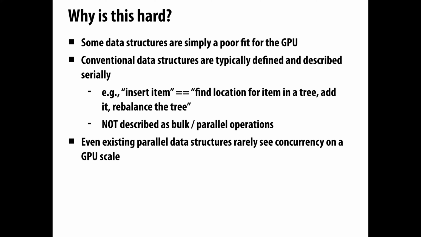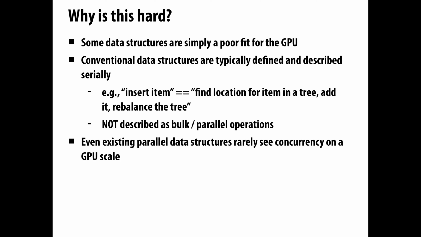They're rarely described as the kind of bulk or parallel operations that we would like to do. So some of the challenge is to take those data structures that are described serially and figure out what the semantics are, what operations we need if we're doing parallel operation on them. By parallel operation, generally what we mean is we have lots of independent items that we would like to act on at the same time: many queries, many insertions, many updates, that sort of thing.